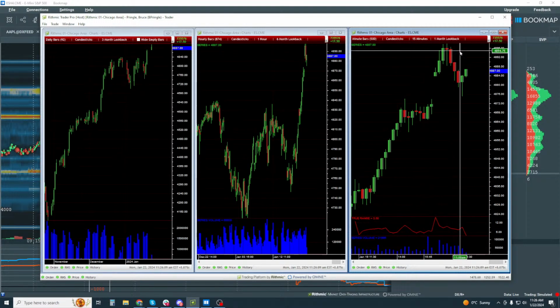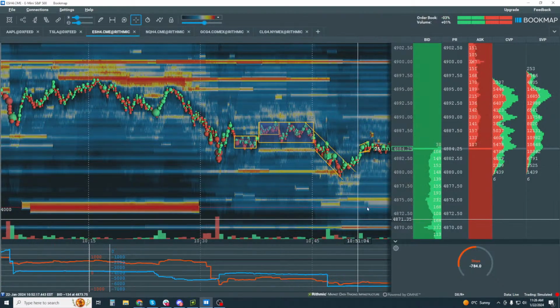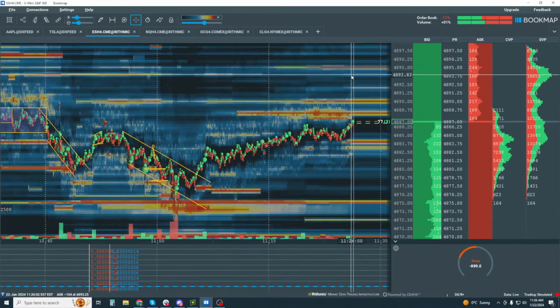But if we can find enough buyers, then we're looking for even higher here. You know, back to all-time highs, basically 95 and maybe above. Okay, the question is, are we finding those buyers?